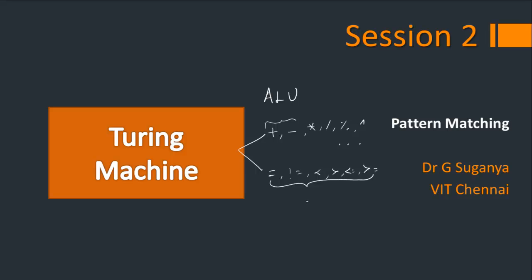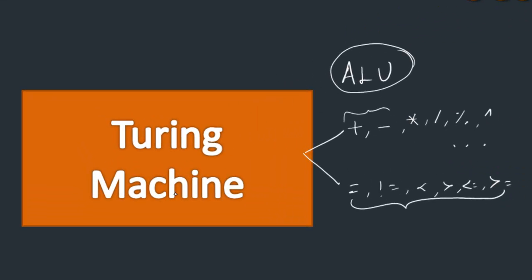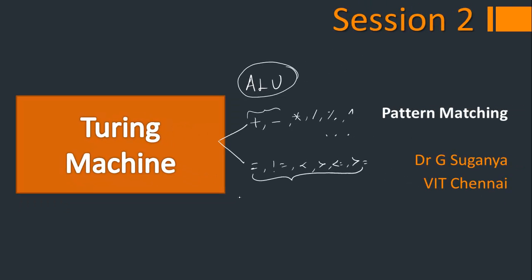Since every computer has an arithmetic logic unit, and the Turing machine serves as a base model of computing devices, it should support computation of arithmetic expressions, and the relational or logical expressions too.